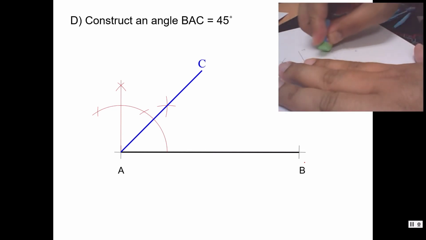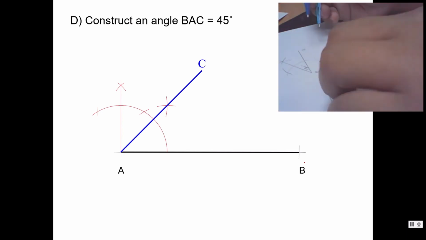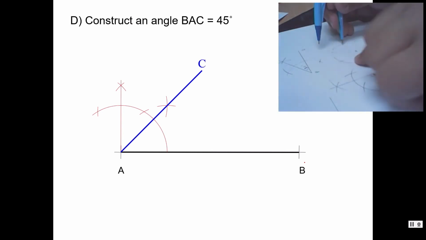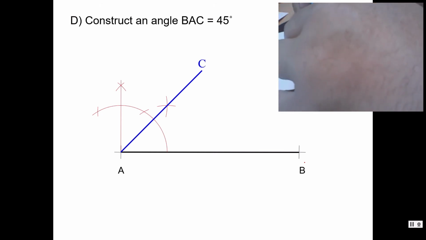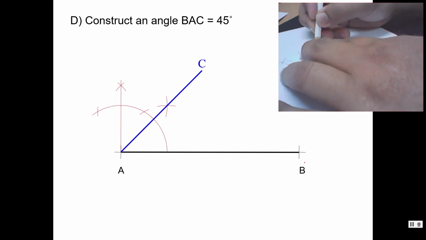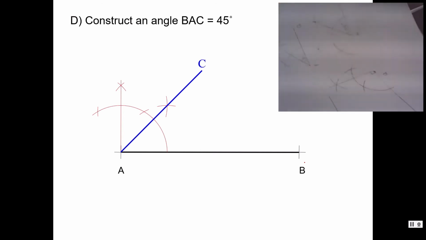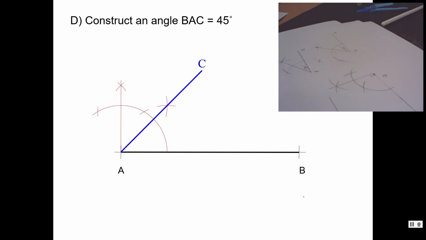Maybe the distance is not long enough, so I'm going to extend the distance from here to be something like this, and then from this point like this, so that we got this point, in which if we draw a line to point A, this is a 45-degree line. So that's about the construction of the 45-degree line.